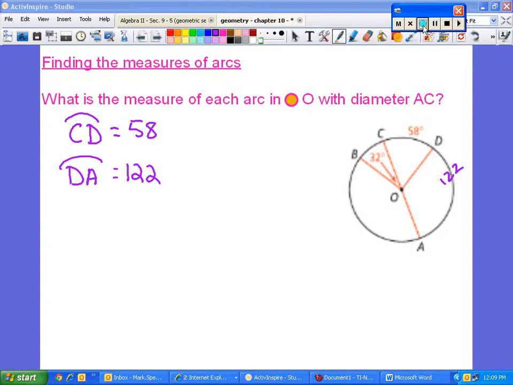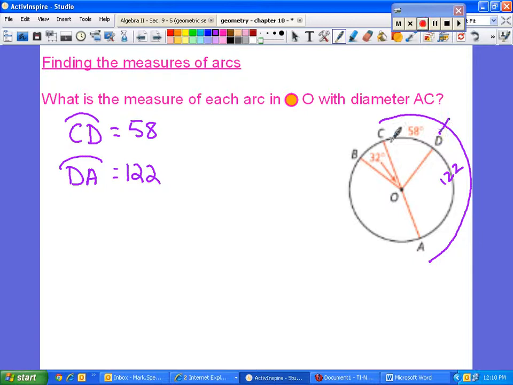Yes, because CA is a semicircle, which is 180 minus 58 will be 122. Right, we know that going halfway around the circle is going to be 180 degrees, 360 divided by 2. So we know this whole thing is 180. We already know that this portion of it is 58. So to get this, it's going to be 180 minus 58, to give us 122.